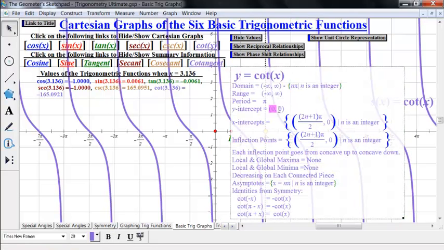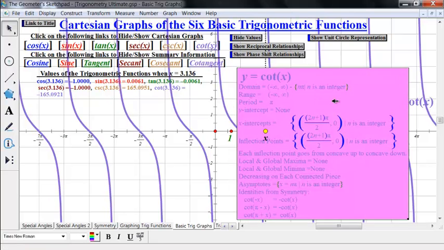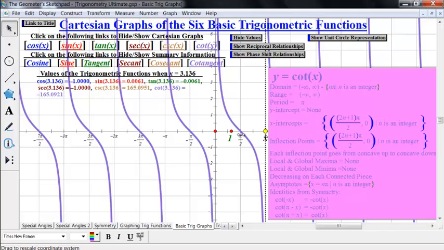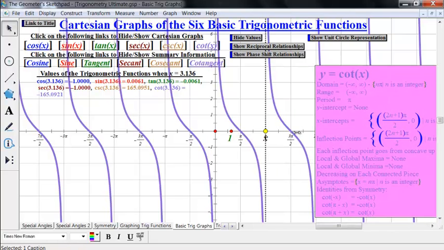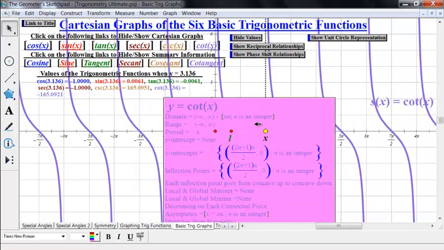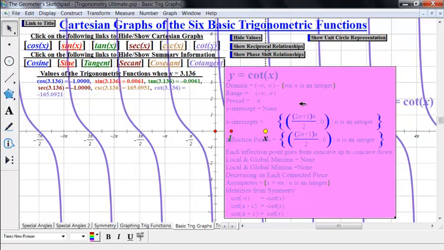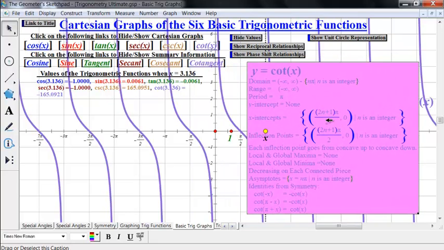It does not have a y-intercept, so let's fix that. Should be no y-intercepts. The x-intercepts, let's see if this is right, are at pi over 2, and 3 pi over 2, 5 pi over 2, 7 pi over 2, negative pi over 2. So odd multiples of pi over 2, and that's what we have here. Of course, y is 0.